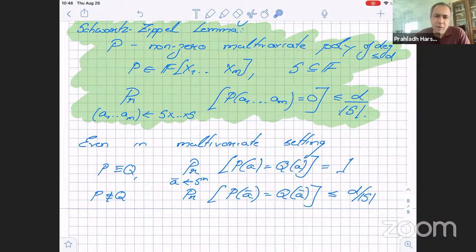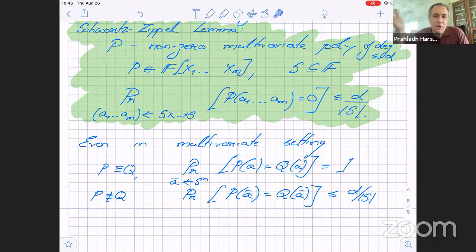Without knowing a degree bound, is it useful? No. You need a degree bound on this. For instance, even in the univariate setting, if the degree was as large as q, and you're picking points in the field, if the polynomial happened to be x^q minus x, there's nothing you could do.